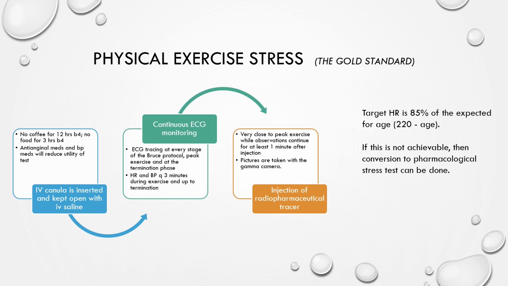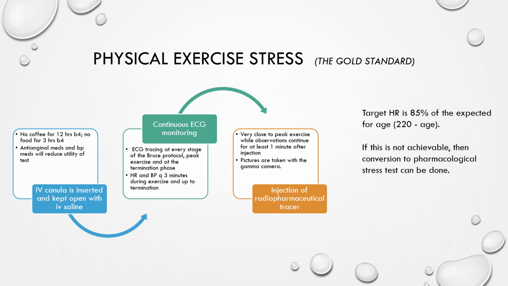ECG tracing is done at every stage of the Bruce protocol, at peak exercise and at termination phase. Heart rate and BP every 3 minutes, during the protocol and up to the termination phase. And then when we have gotten to the target heart rate, that is 85% of expected for age, and this would be 220 minus age, the radio tracer is injected.